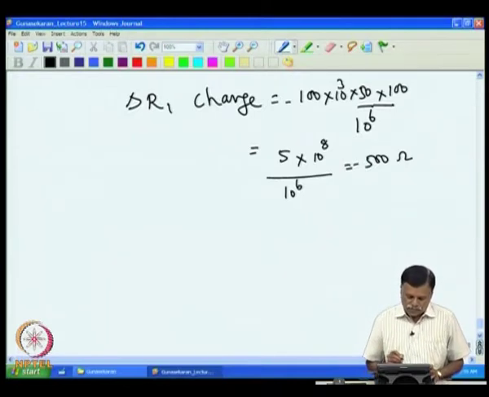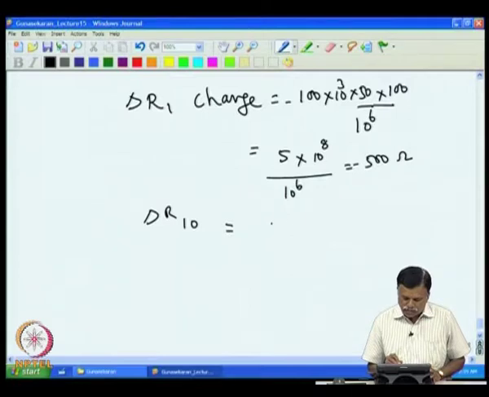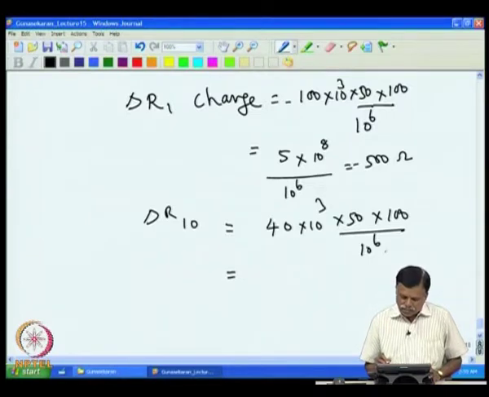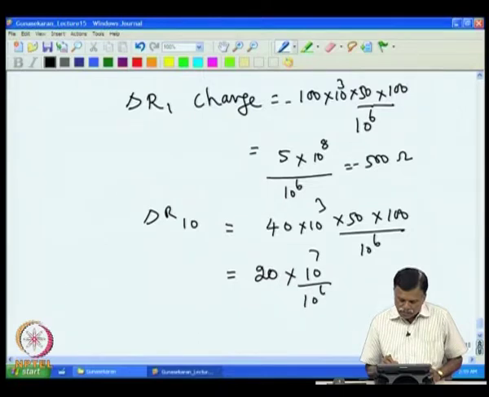Then we can also find out the change in R10. So, delta R10 would be 40K into the same 50 ppm into 100 degree C, divided by 10 power 6, that comes out to be 200 ohms.